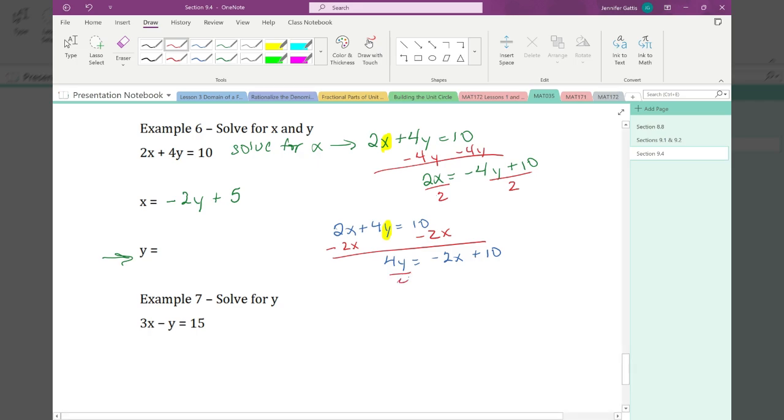And then we can divide everybody by 4. And when we divide everybody by 4, you get y is equal to negative 1/2 x plus 5/2.